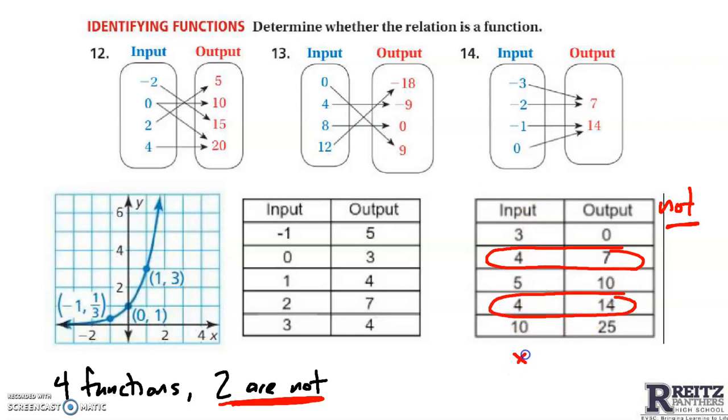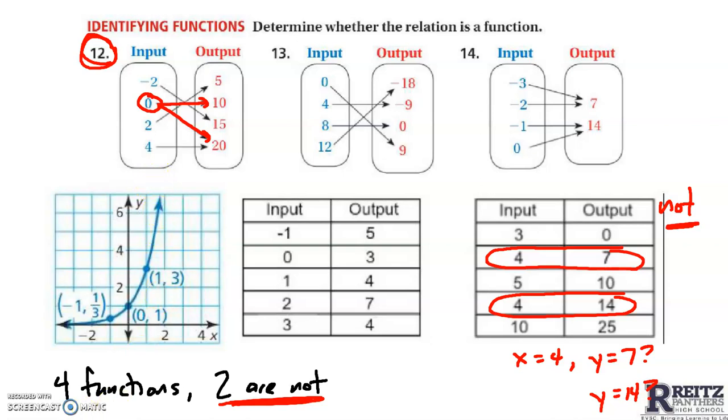In this relation, if x equals 4, I don't know if y is supposed to be 7 or if y is supposed to be 14. This is not a predictable machine. So this one is not a function. Where's the other one? It's here. It's the very first mapping. And the issue is with x equals 0, because x equals 0 goes to both 10 and 20.